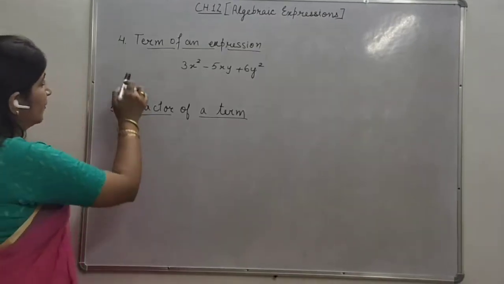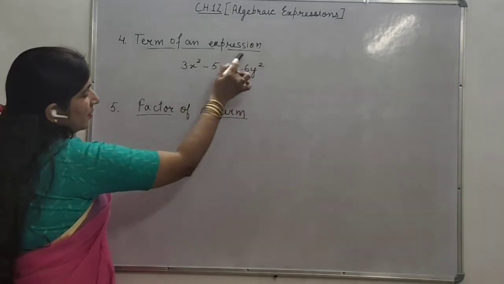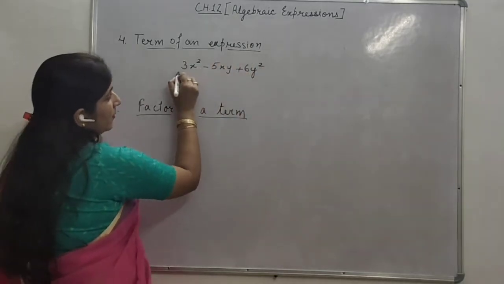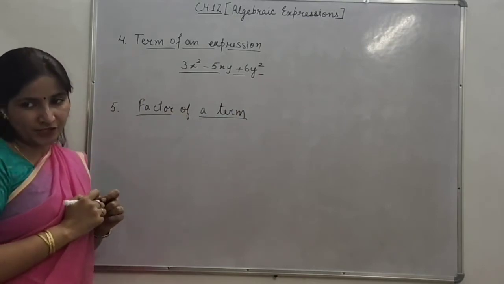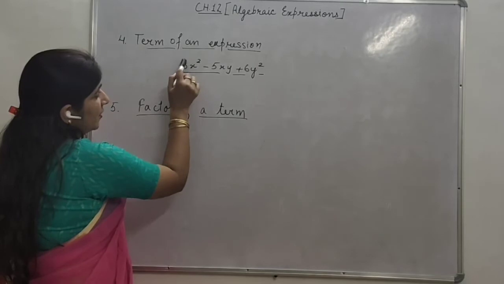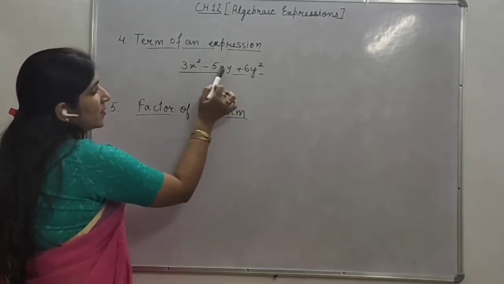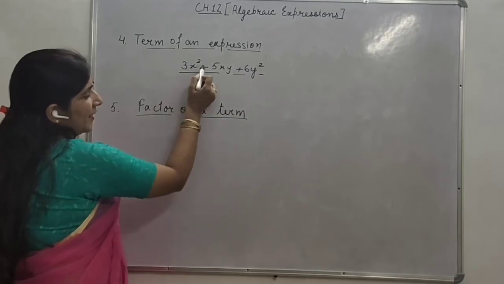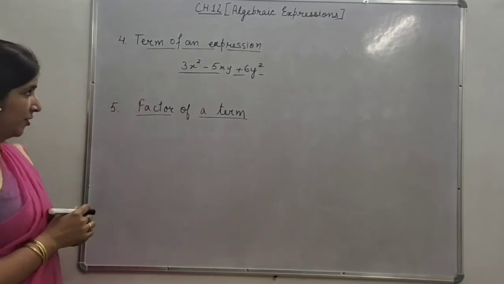Now students, the fourth thing is, let us just have a look at this expression. What is this? This is an algebraic expression that we have just learned, in which the constants and variables are combined with some operations. Here is negative sign, here is positive sign, so it is an algebraic expression.